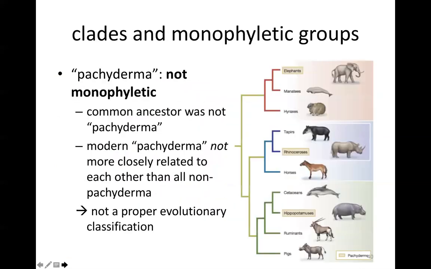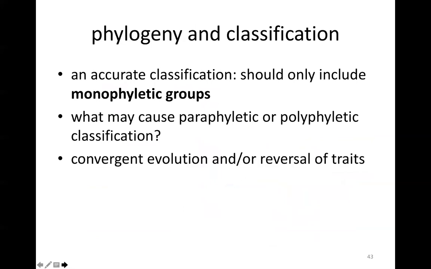So this is an important point: convergent evolution or reversal of traits can cause such classification.